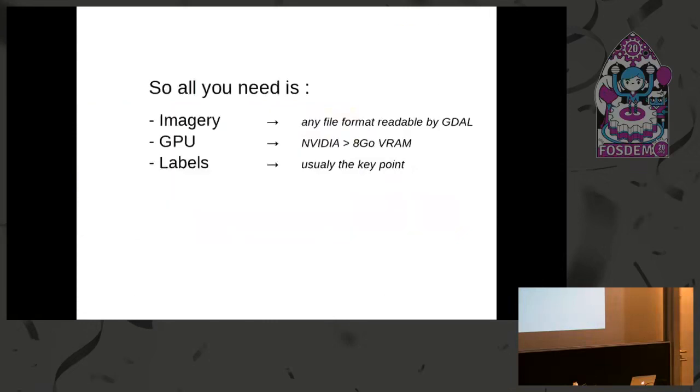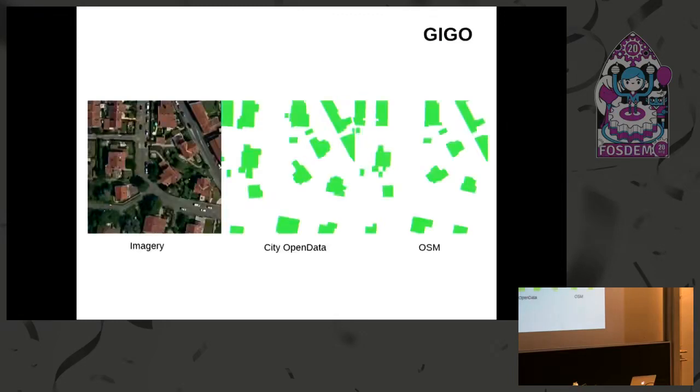So all you need, in fact, is imagery, and we've seen that it's not a problem anymore, a GPU, at least a recent GPU with enough memory, and labels. And the key point is the label, because most of the time we have labels, but not accurate enough.